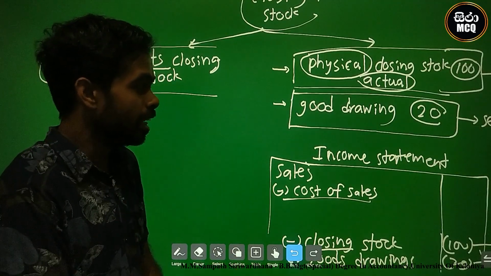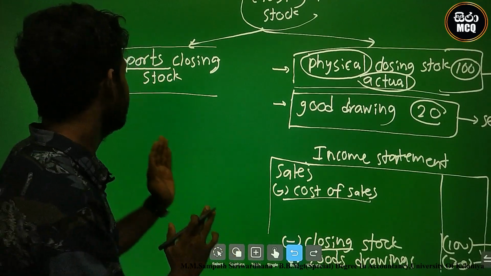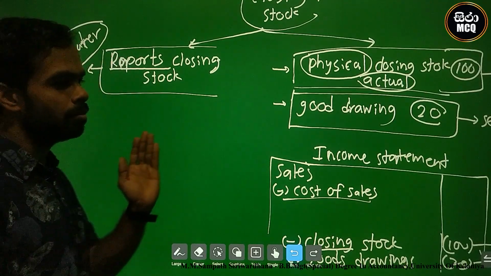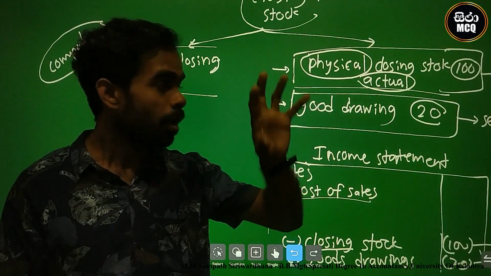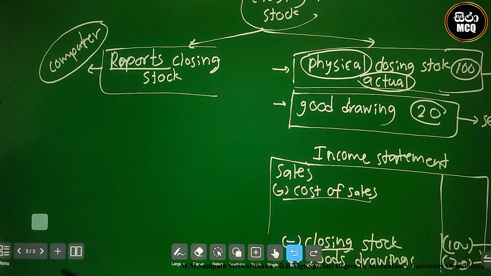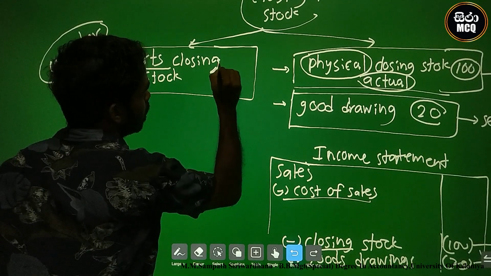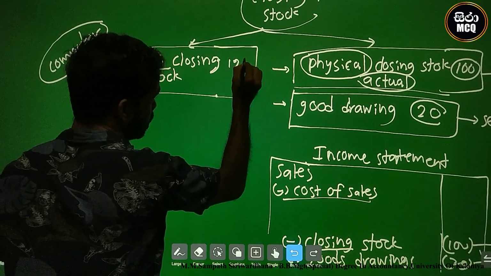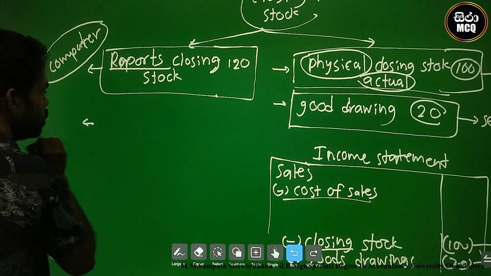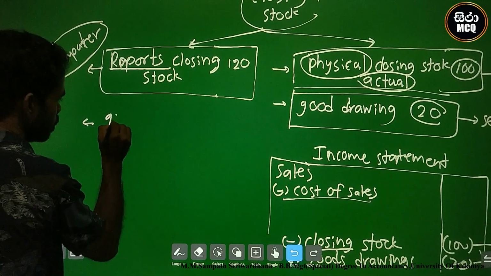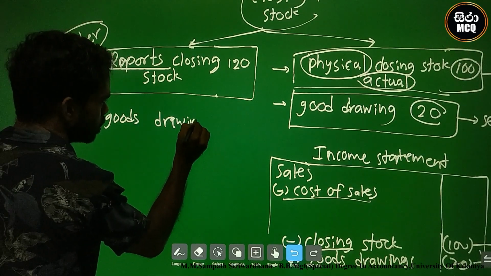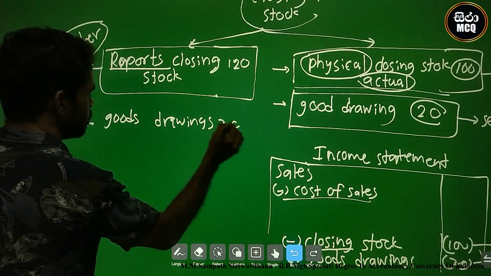At this time, we cannot say this is the actual one. Why? There is a computer stock, but this one is physical, actual. This one is reported: 120. Another piece of information is goods drawings of 20.